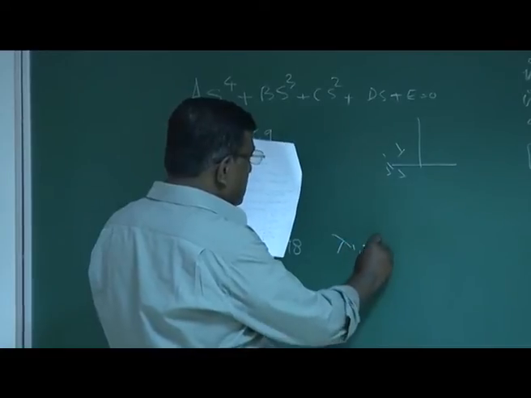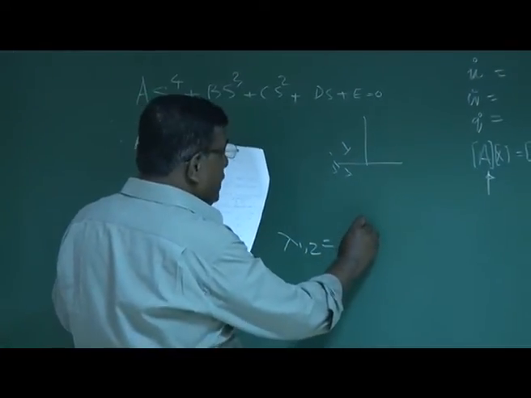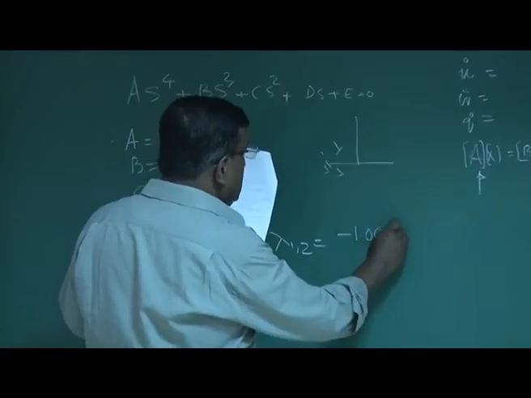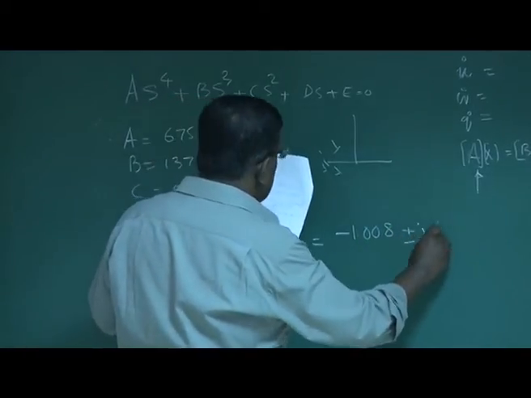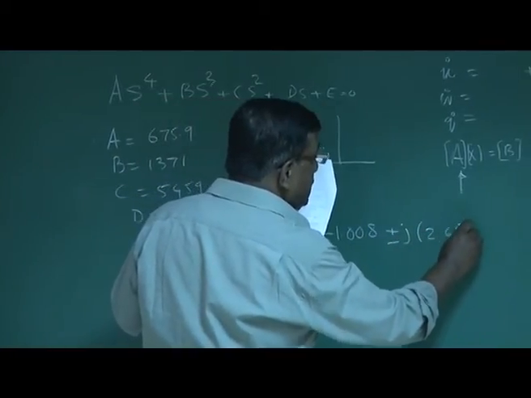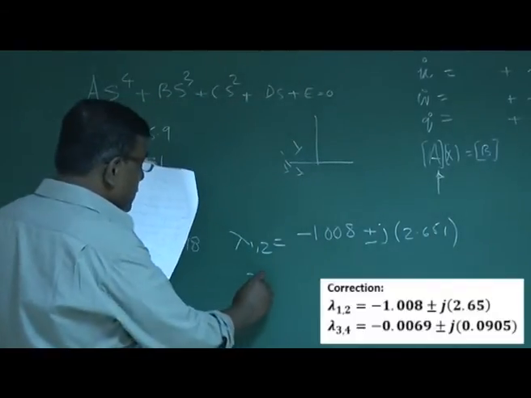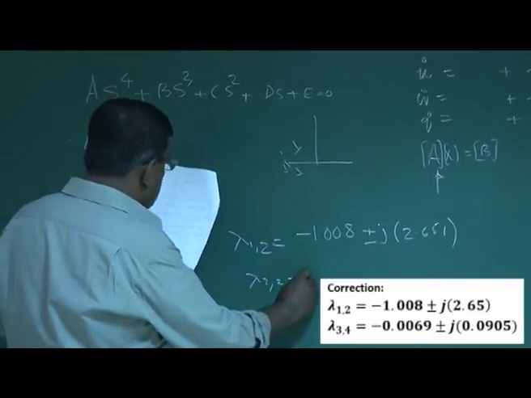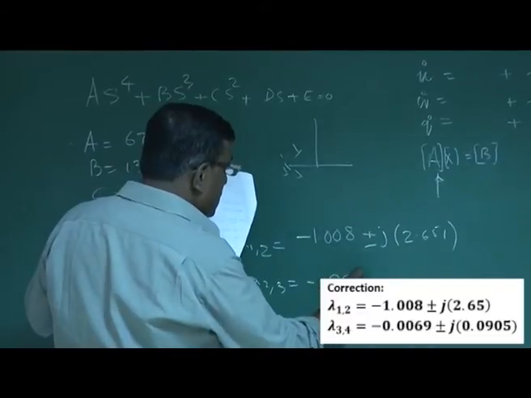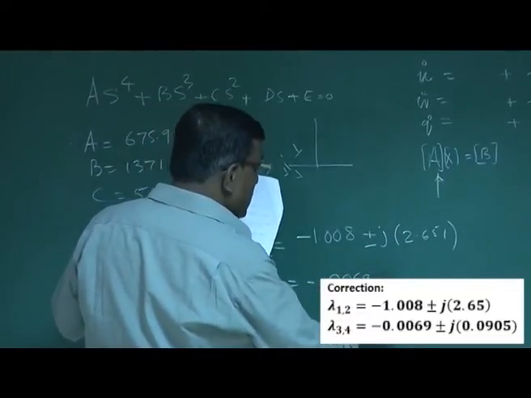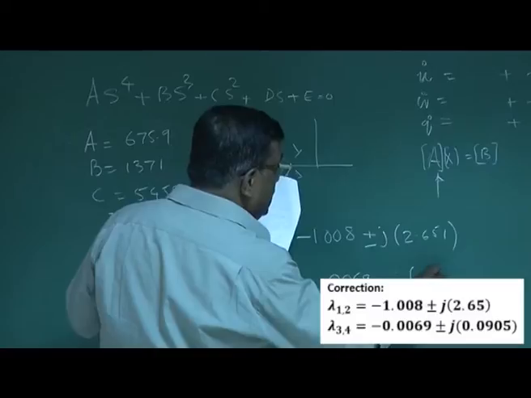One, lambda 1, 2, is minus 1.008 plus or minus j into 2.651. In the other pair we got minus 0.0069 plus or minus j 0.0905.